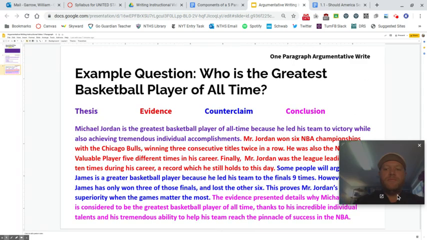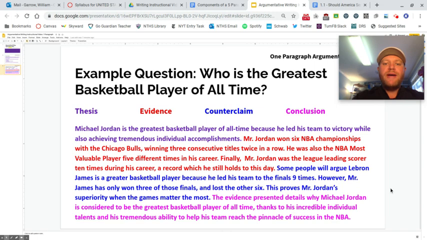Okay, so in this example, what I've done is I've just taken a very silly, simple question and posed it to a hypothetical student who would be trying to answer it in a 1-paragraph argumentative write style. Okay, and the question is, who's the greatest basketball player of all time? Okay, and you can see I've color-coded my response, the 1-paragraph response from the student, so that it's easy for you to see the 4 aspects of that response.